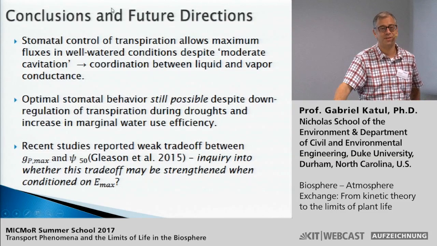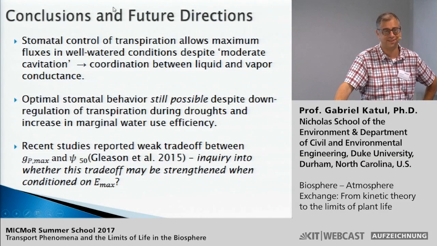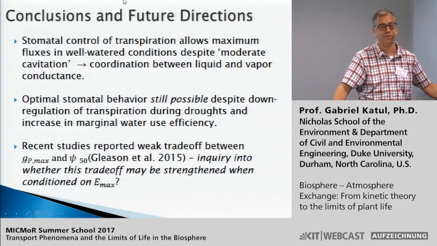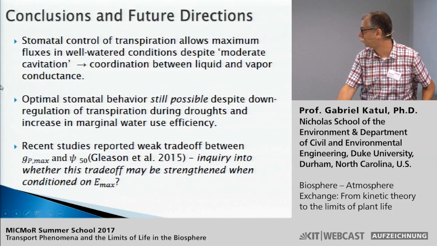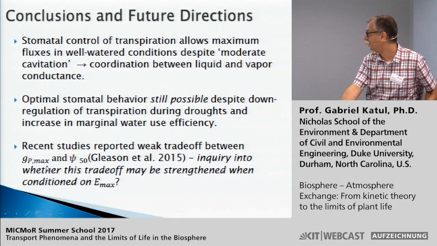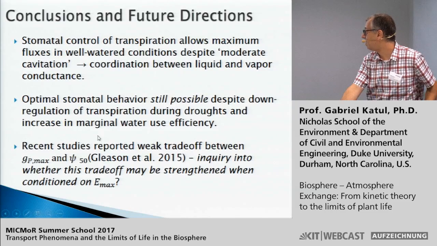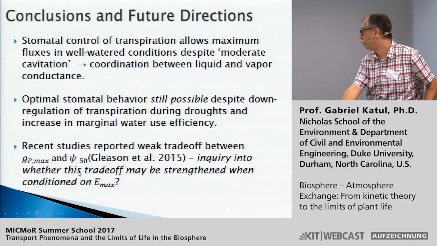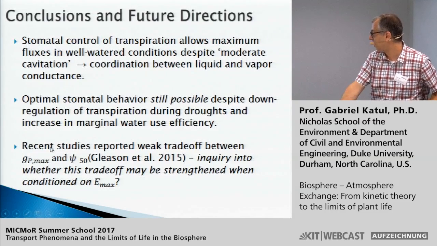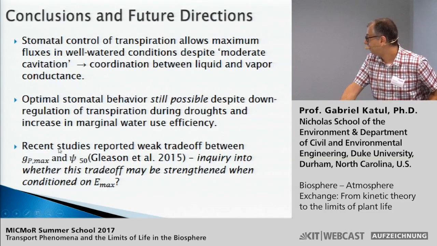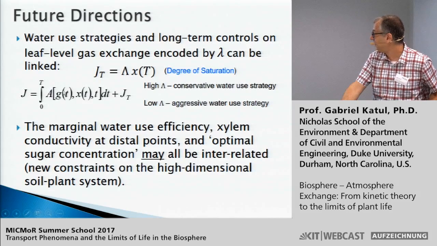They did not condition their data on maximum transpiration. That was the only thing they did not do. Whereas our suggestions would be that if you are able to rank these data sets with maximum transpiration rate, for a given transpiration rate, you could see some relation between GP max and Psi50. So that would be an interesting inquiry to look into, but I did not do it yet.